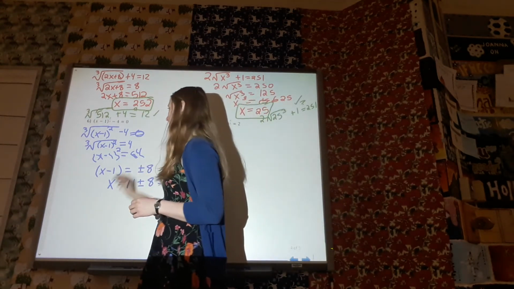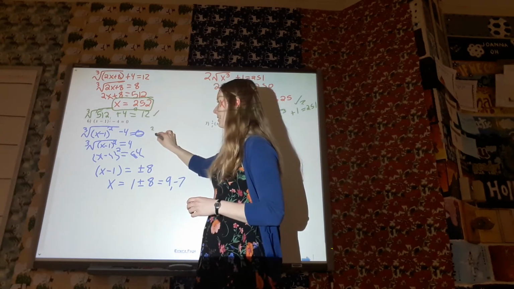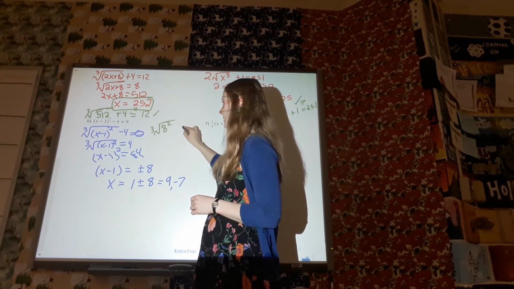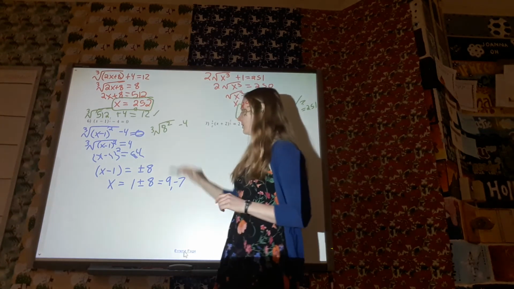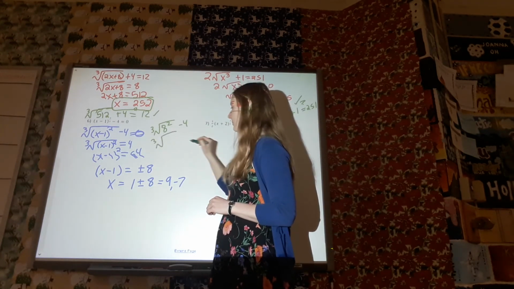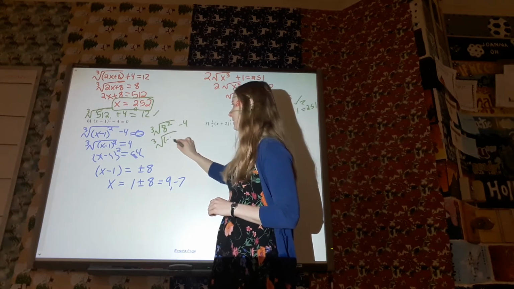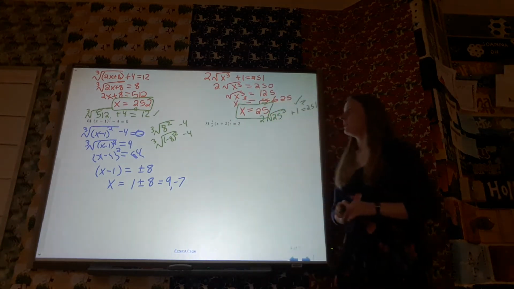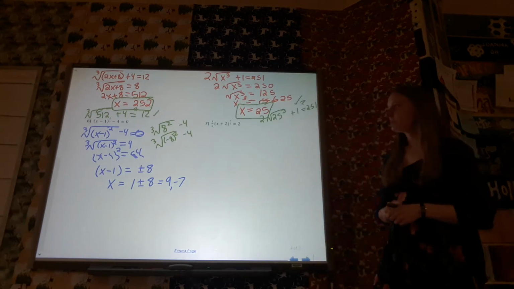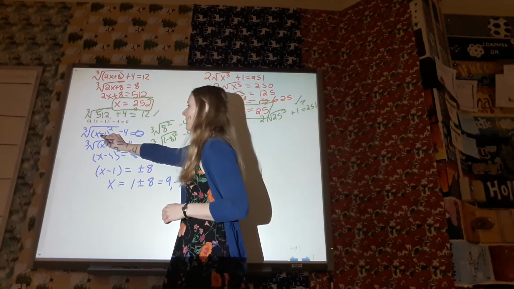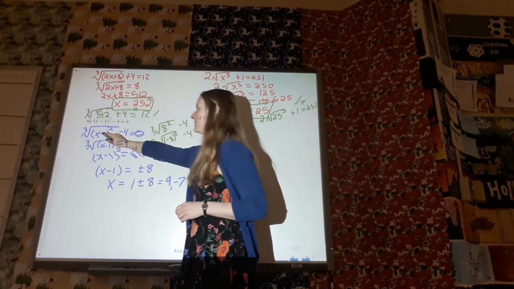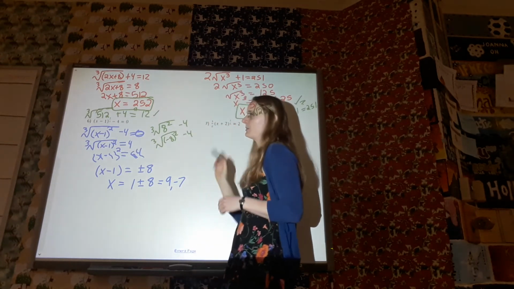So if you're checking, if you plug in the 9, that would be 8 squared minus 4, and then if you plug in the negative 7 there, it would become negative 8 in parentheses squared minus 4.